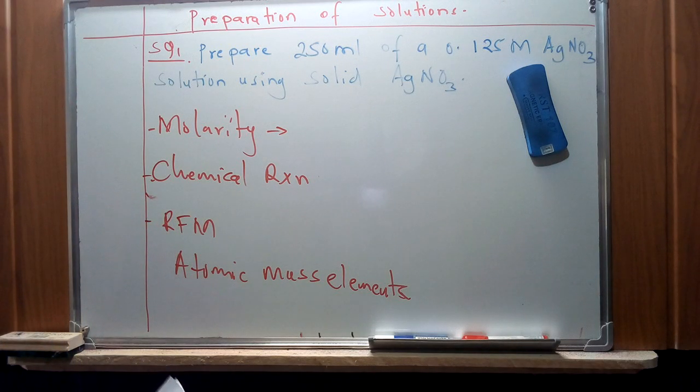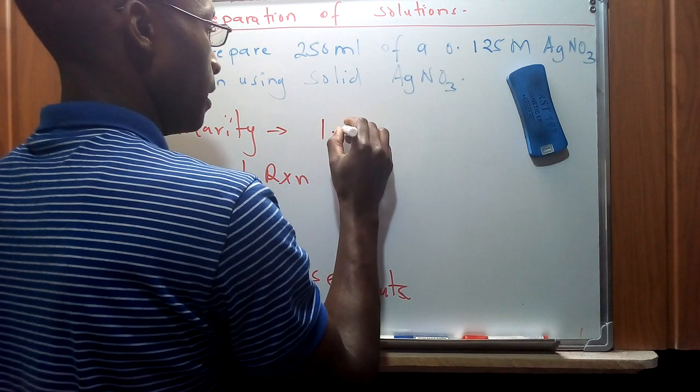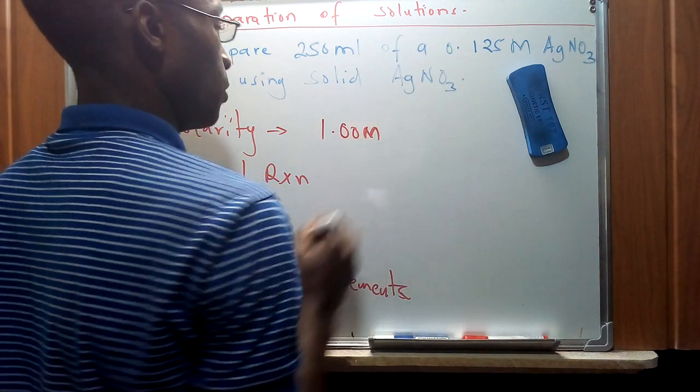Now, molarity of a solution is a solution that contains 1 mole of a solute per liter of a solution. And of course, as we said, if it is 1, then it can be abbreviated as 1 molar.